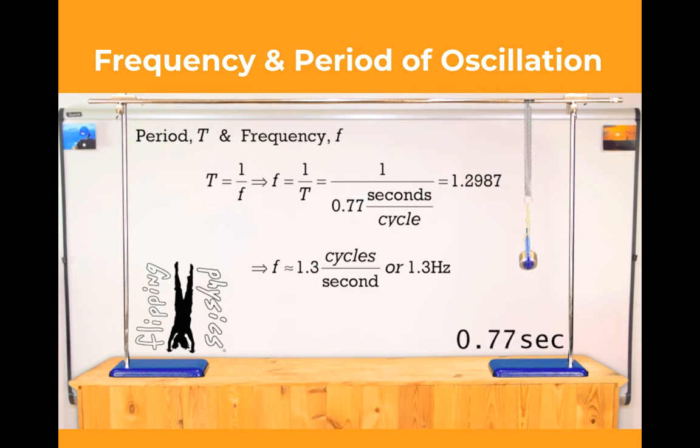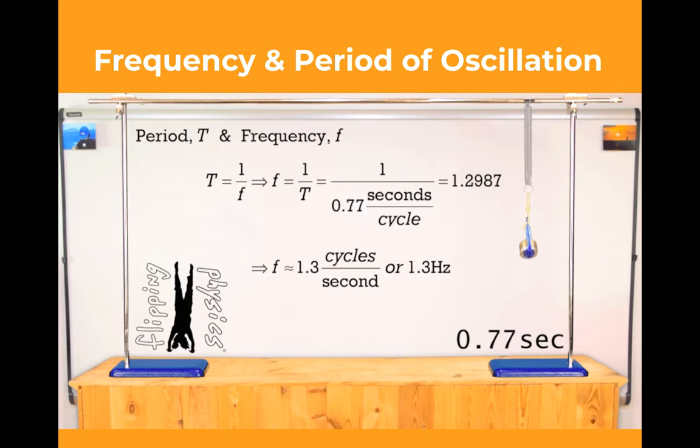The period is 0.77 seconds. So it takes 0.77 seconds to complete one vibration. We can measure the period and frequency of the spring mass system because it is vibrating. It follows simple harmonic motion.